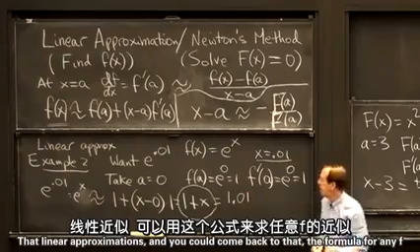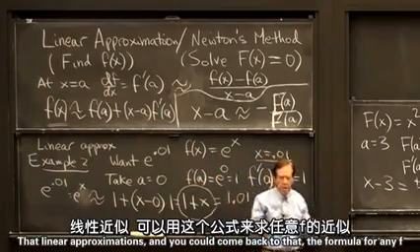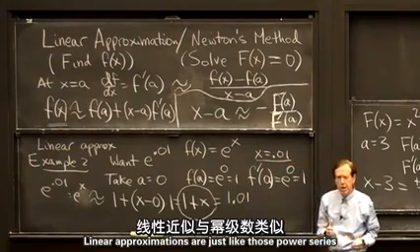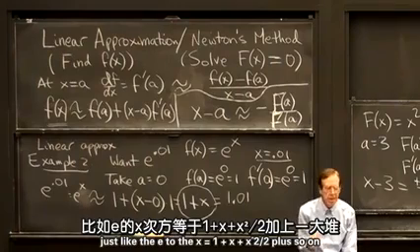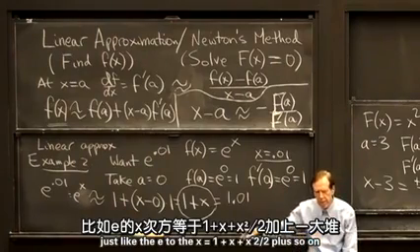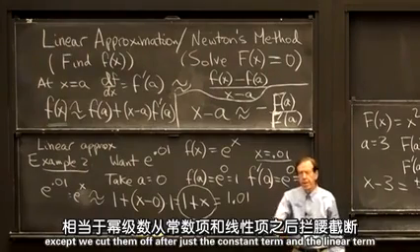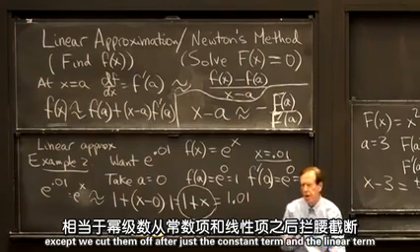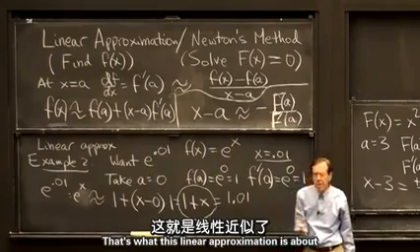That linear approximation, and you could come back to that, the formula for any f and any a, is just like those power series, just like e to the x equals 1 plus x plus 1/2 x squared plus so on, except we cut them off after just the constant term and the linear term. That's what this linear approximation is about.